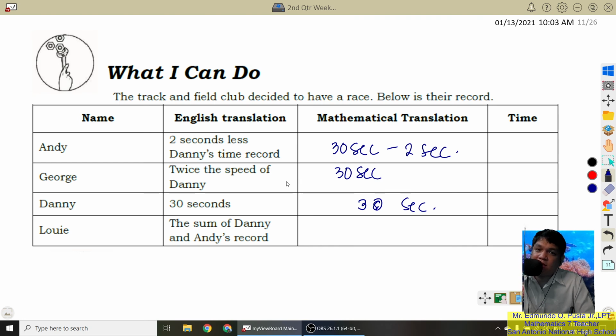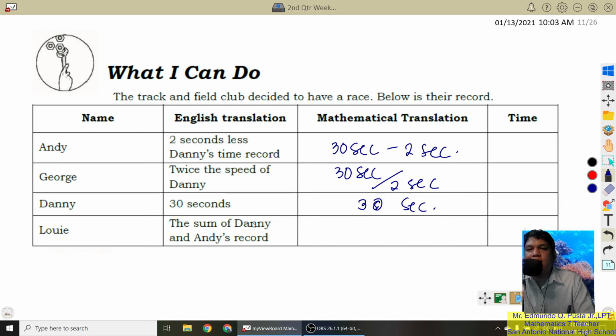Mas mataas yung number of seconds. Now, pag speed ang pinag-usapan, kailangan mas mabilis, ibig sabihin, mas kaunti yung time. Therefore, we're going to divide it by 2. Okay? Divide natin sa 2. Kasi mas mabilis siya. Twice the speed of Danny.